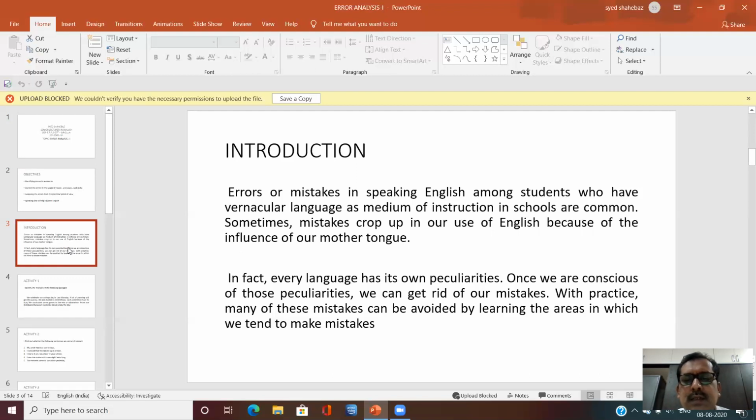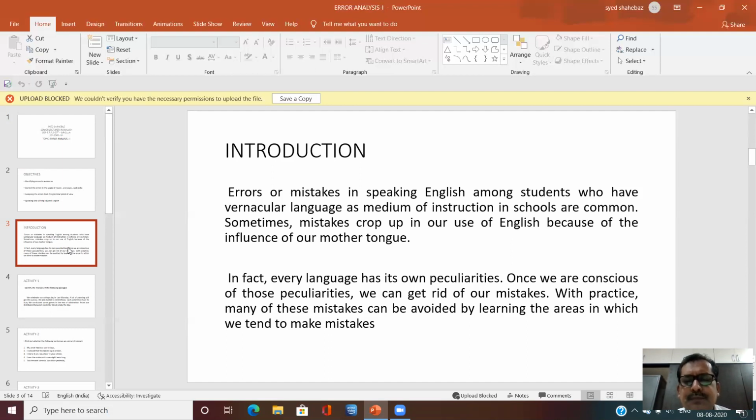Sometimes mistakes crop up in our use of English because of the influence of our mother tongue. Yes, the influence of mother tongue is very difficult to desert, very difficult to forego while learning a foreign language.